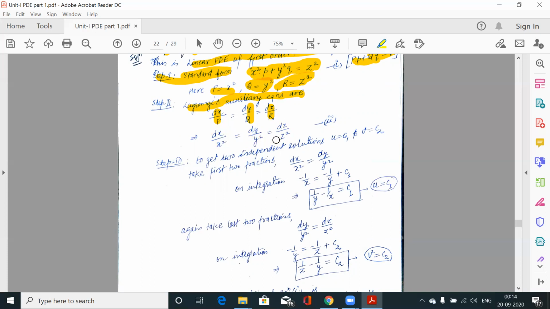The problem will be there when, suppose under dx we have xz, or y along with z, or x under dy. Then we cannot integrate these fractions directly, because this is integration with respect to x, so everything in the coefficient must be a function of x.